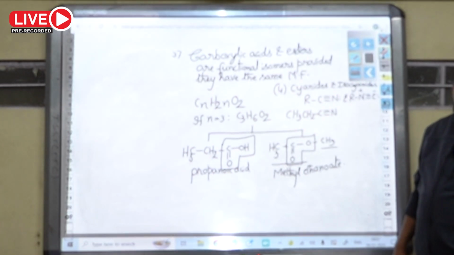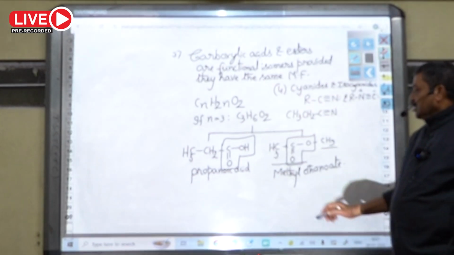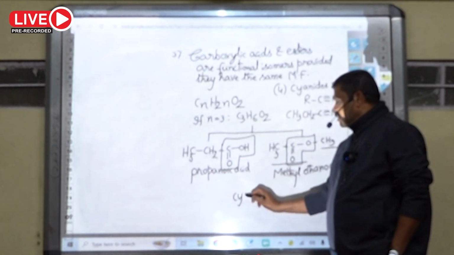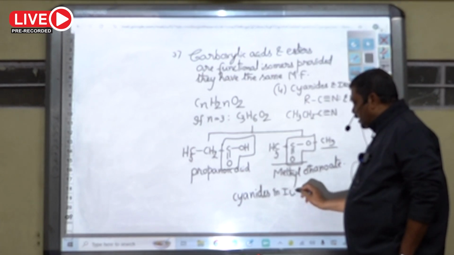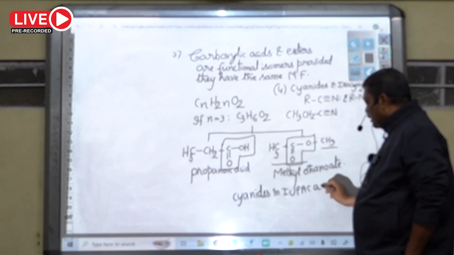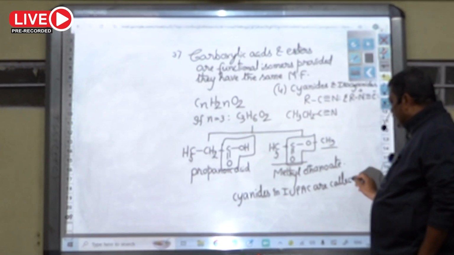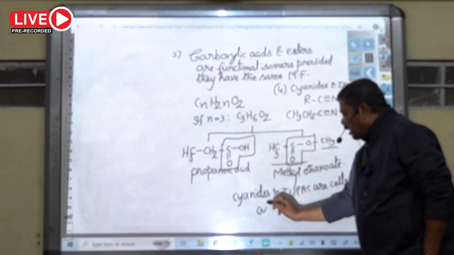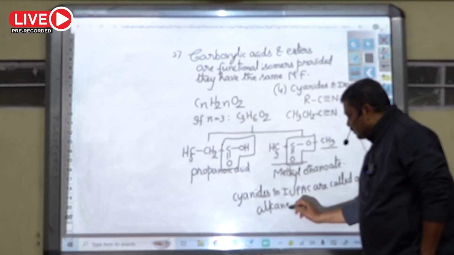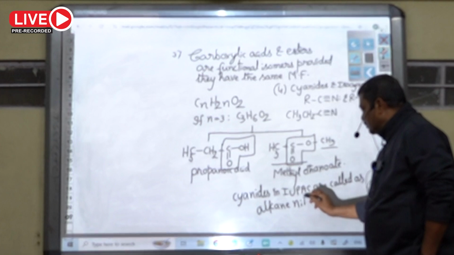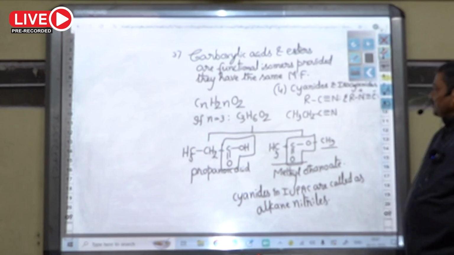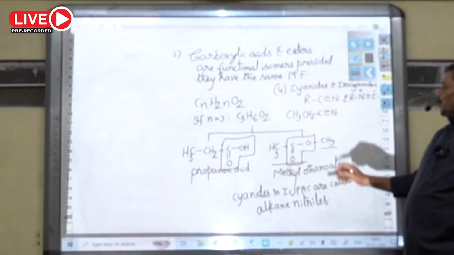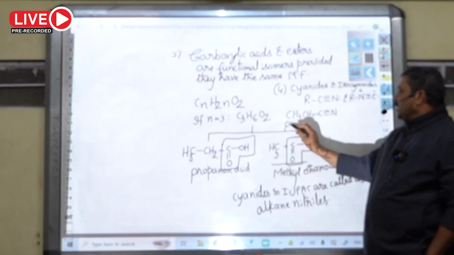What is the IUPAC name? Cyanides in IUPAC are called alkane nitriles. So its IUPAC name is propane nitrile.